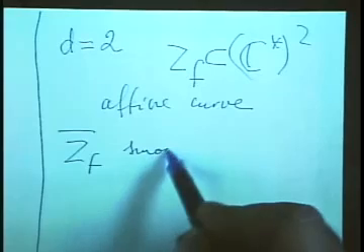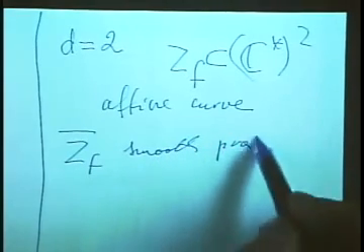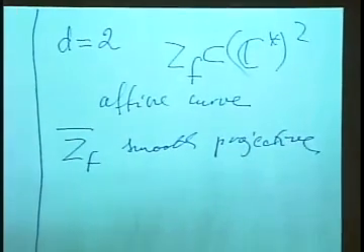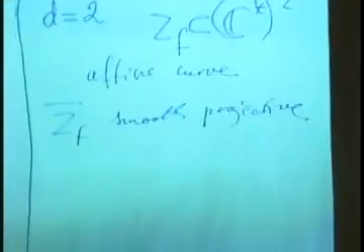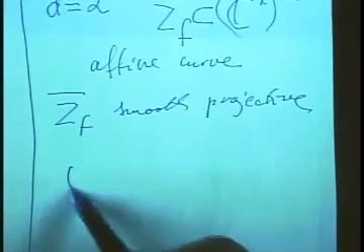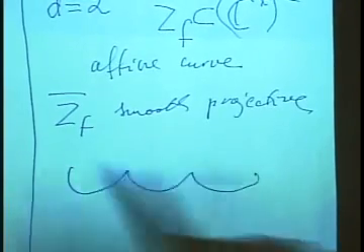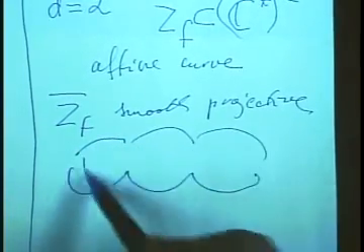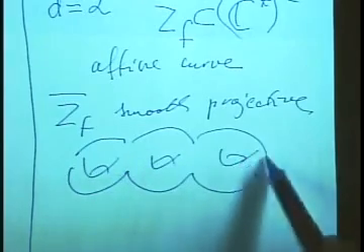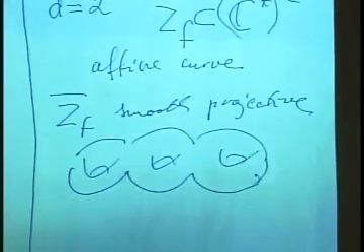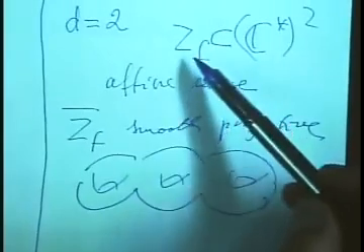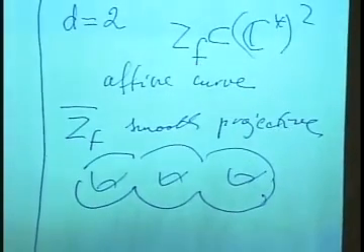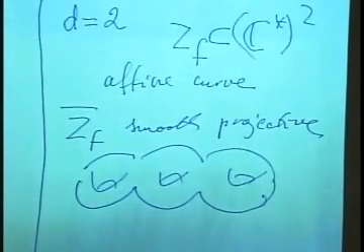Smooth projective means that topologically it looks like the usual picture on the right, this curve. But our original curve differs from this compactification by points. So we should add some points.